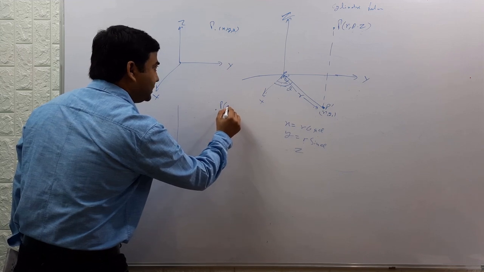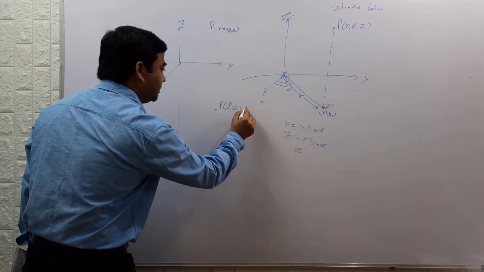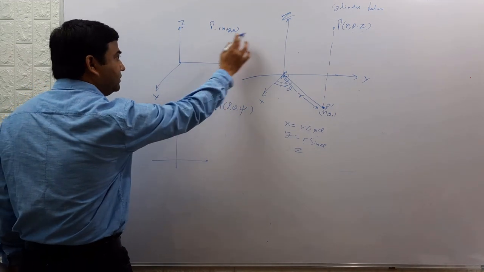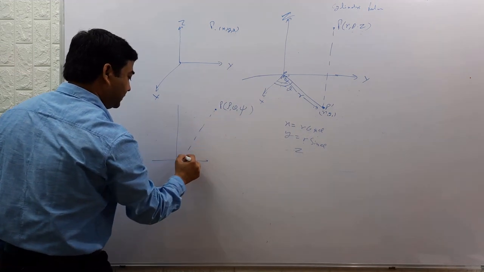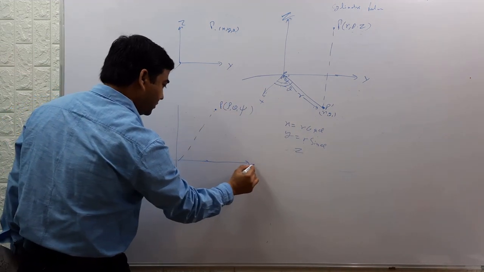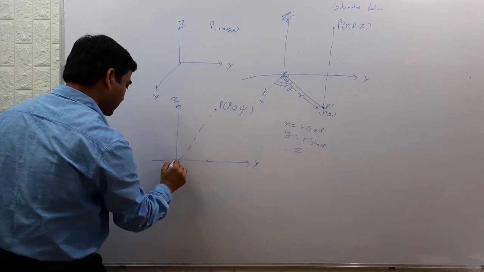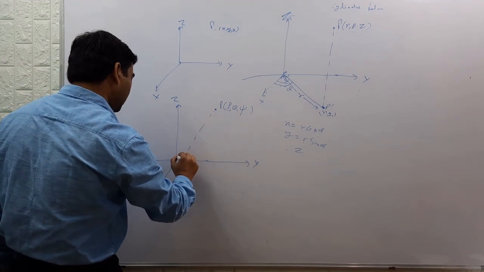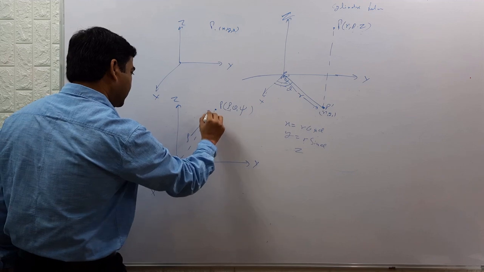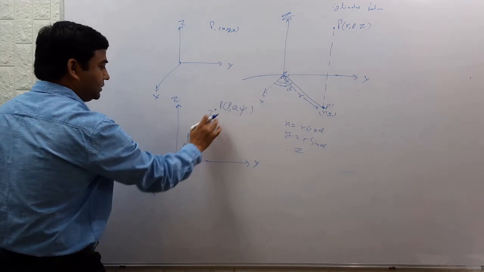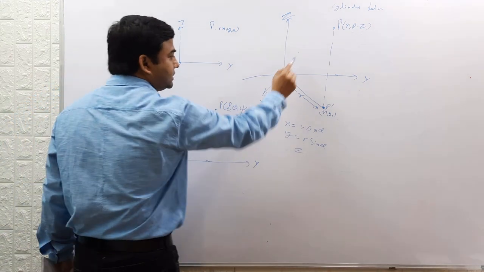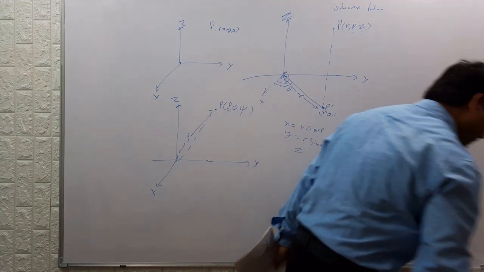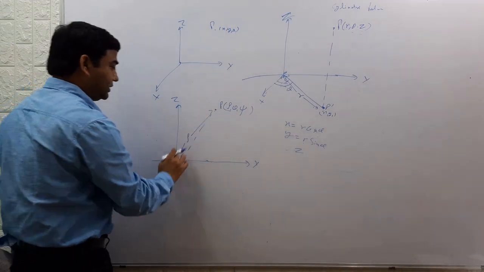The third system has coordinates represented as rho, theta, phi. This is the same point P, but the representation is different. Here, this is y, this is z, and this is x. Rho is the distance between the origin O and P, the straight distance OP. Earlier, r was the distance between the projection of P and O. Rho is this distance.